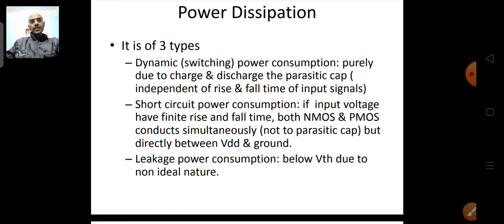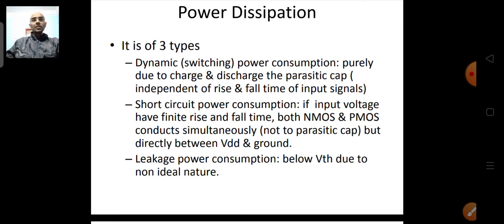If you reduce the leakage current, then the static power dissipation will be very low. So the static power dissipation depends only on the leakage current. Ideally, we assume that we don't have any leakage current, so our CMOS inverter does not have any static power consumption.